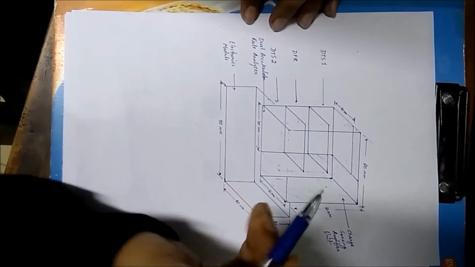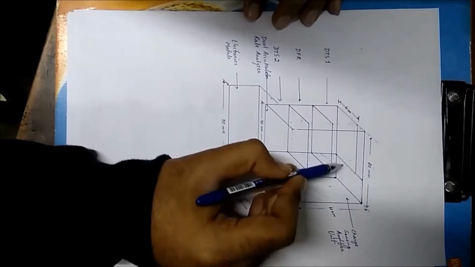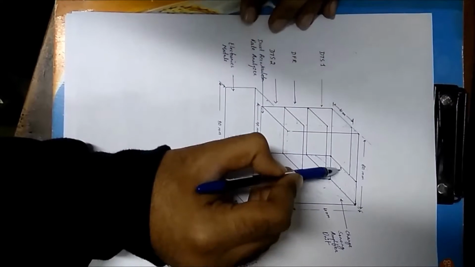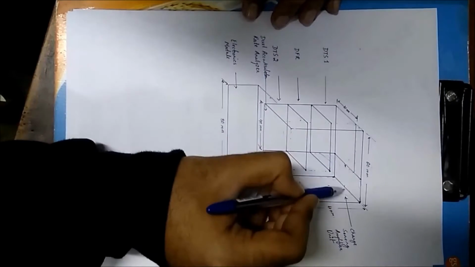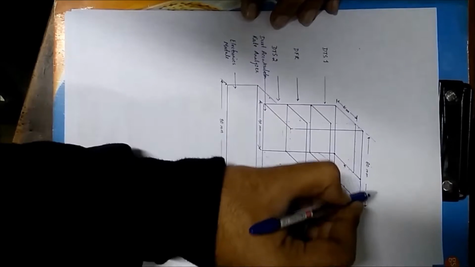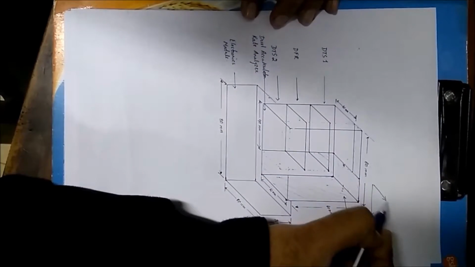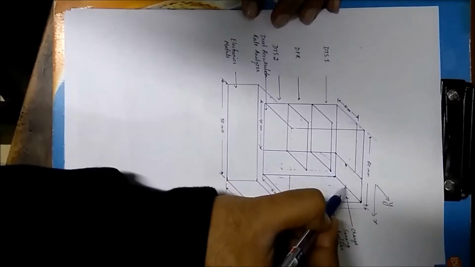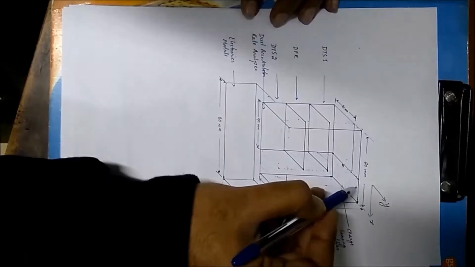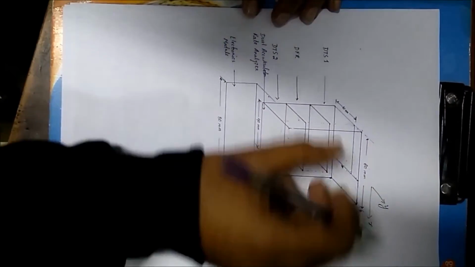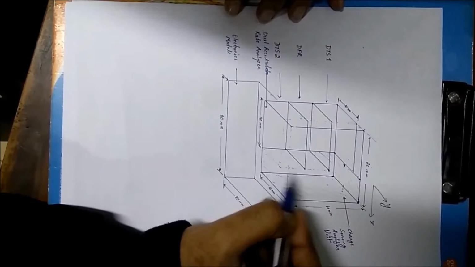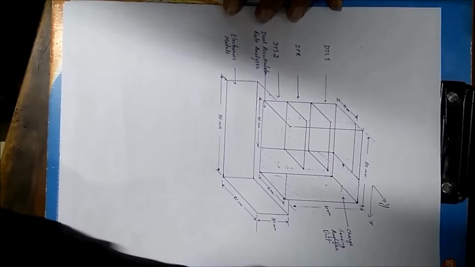This is 60 mm, and the charge sensing amplifier unit will be accommodated in the remaining 2 centimeters of space. Suppose this is the x axis and this is the y axis, so we can have 2 centimeters this side and 2 centimeters this side, and the total box cross section will be 6 by 6 centimeters, and the height of the box would be 6 centimeters.